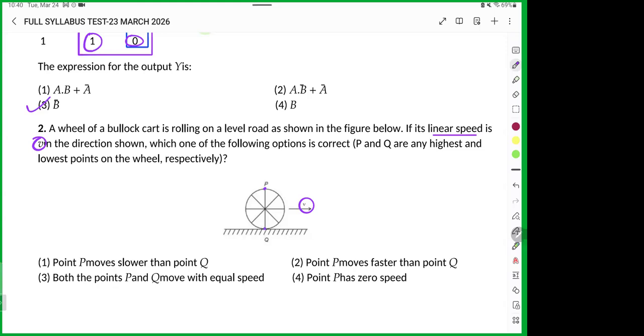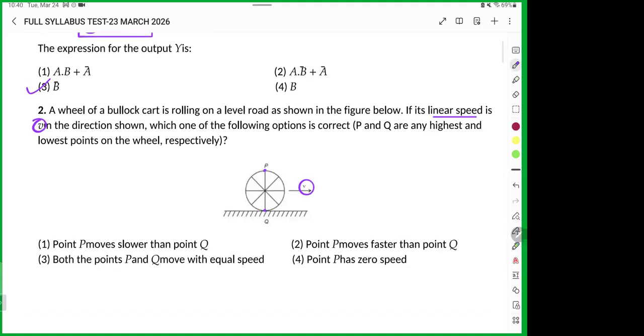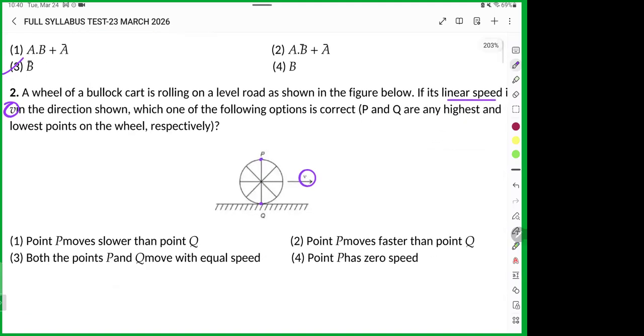So what will be the speed? In this case, we know P will move faster than Q because Q is in contact with the ground. Ground contact means for some time it will be at rest. For example, if this velocity is V and this velocity is also V, then the total velocity increases and it will appear that it is moving faster, double.